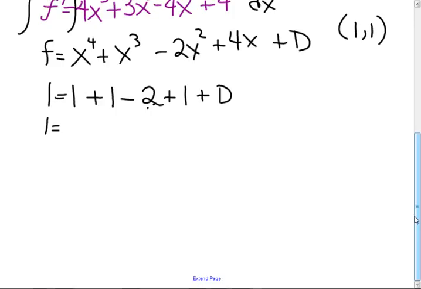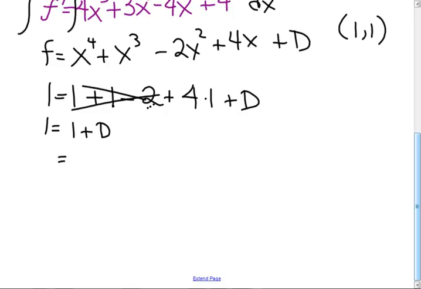No. This is 2 minus 2 is 0, plus 1 is 1 plus d. Why are you getting 4? Oh, I skipped a term. 4 times 1. Sorry. Okay, these go. So 1 equals 4 plus d, so d equals what? There you go.